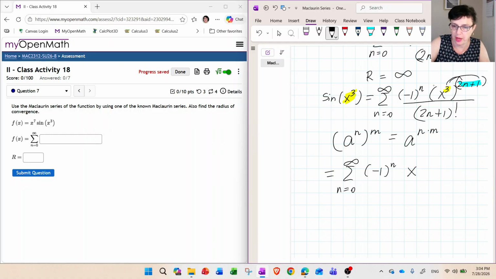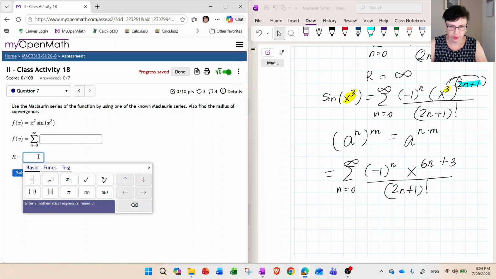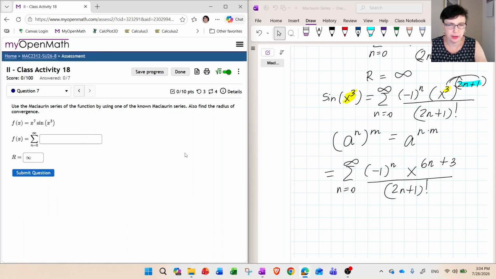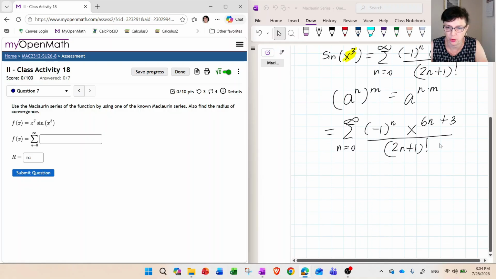Then it's going to be x to the power 3 multiplied by 2n, which is 6n, plus 3. And then we're dividing that by 2n plus 1 factorial. Okay. And by the way, radius here, we can already put that that's infinity, because that series always converges. Whenever you see that factorial on the bottom, that's usually what that means, is that it's just going to outrun everything else. It's going to drag it to 0.